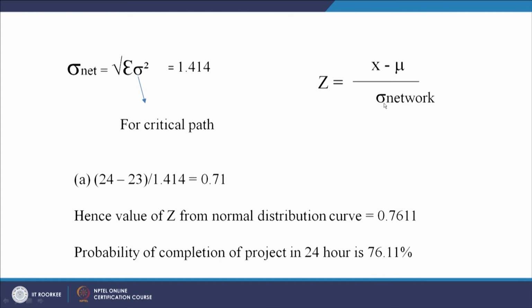That is, for the critical path we calculate the summation of the variances for the activities lying on the critical path. In this problem, the square root of the summation of sigma square, the sigma net, is coming out to 1.414. So we have to check for 24 hours.